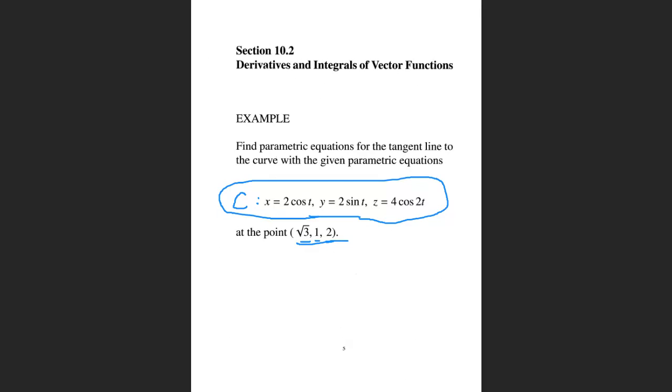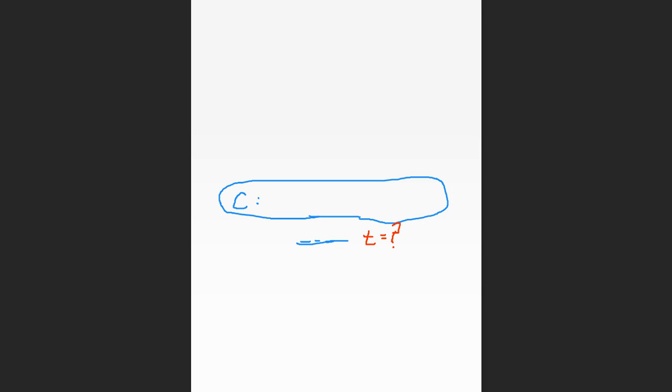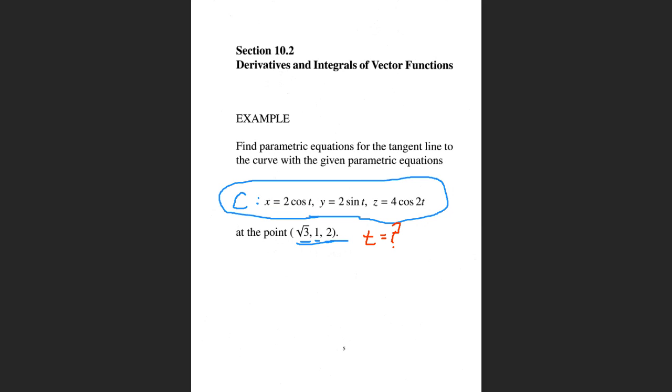So, of course, we have to ask ourselves, for what value of t would that be? And that really requires us to know some trigonometry. So I would focus on the cosine of what angle t equals √3, and the sine of what angle t equals 1.